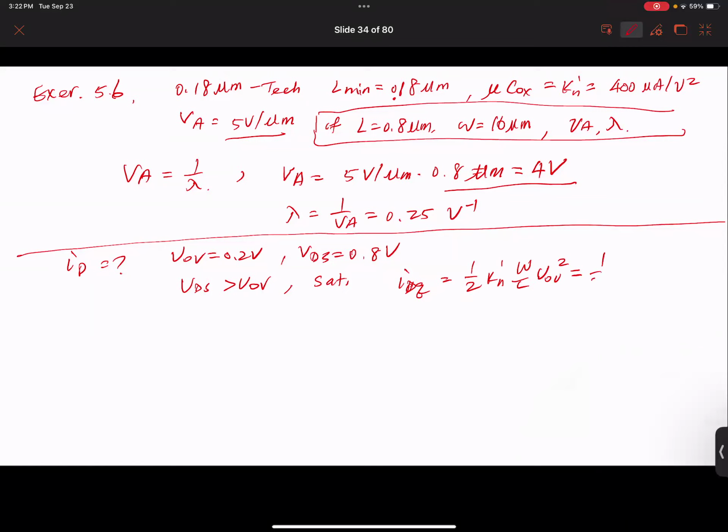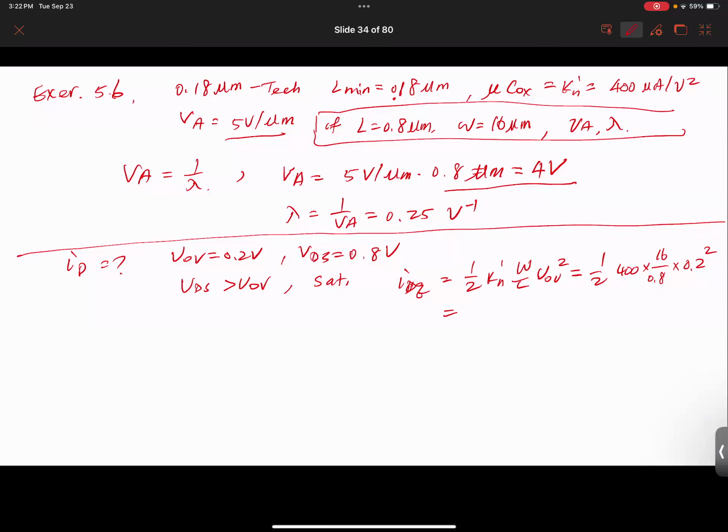So this is going to be 1/2 Kn prime is 400 times W over L is 16 over 0.8 times VOV 0.2 squared. It's going to give you some current, right?